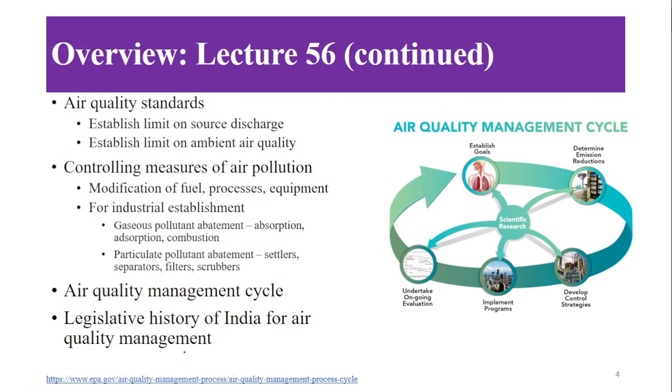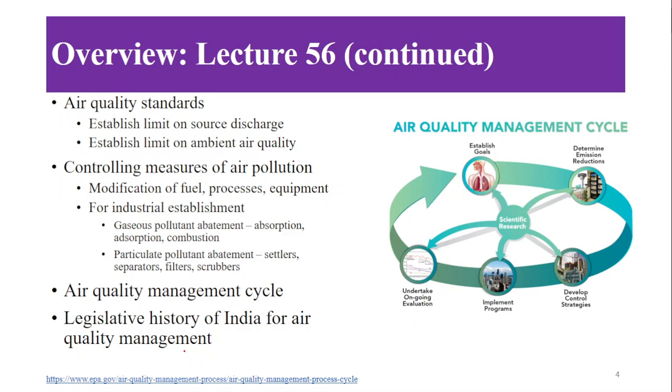The air quality standards have two types, which can either establish a limit on the source discharge or establish a limit on the ambient air quality. The controlling measures of air pollution can be either the modification of the fuel that you're using, or the processes or the equipment.